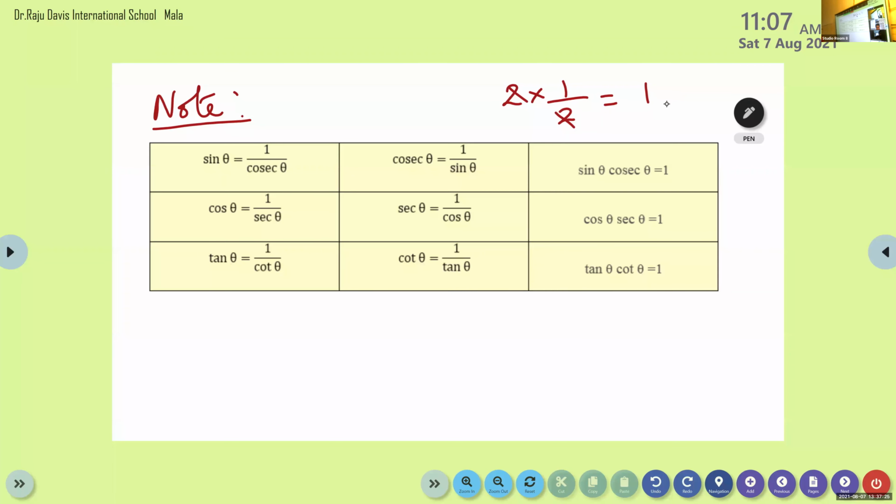Similarly, cos theta is 1 by sec theta, and sec theta is 1 by cos theta. Therefore, cos theta into sec theta is equal to 1.